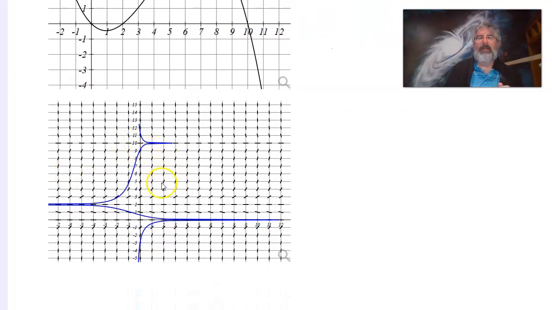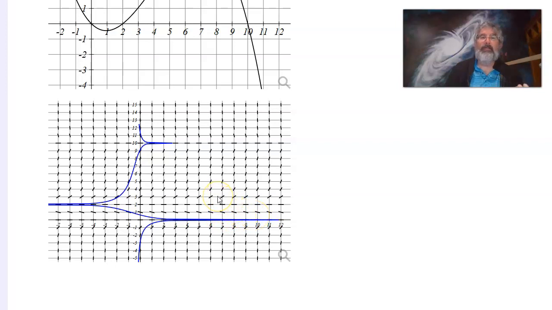So here's the slope field and some sample solution curves. Notice that y equals 0, y equals 2, y equals 10 are all equilibrium values, stable equilibrium at 0 and at 10, but unstable at 2. That is, if the population is below 2 here, the trajectory is that the population will peter off and go to 0.